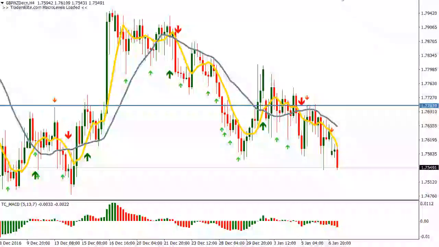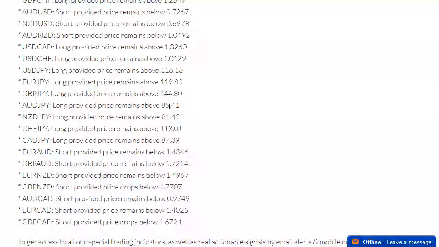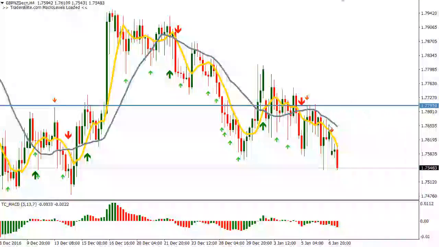Pound Kiwi. Now this is one that we published last week. We published a short, and it's looking very nice here. It's given us a little bit of a run for our money, but short provided price remains below 177.07. It did, coinciding with this new trend trade.